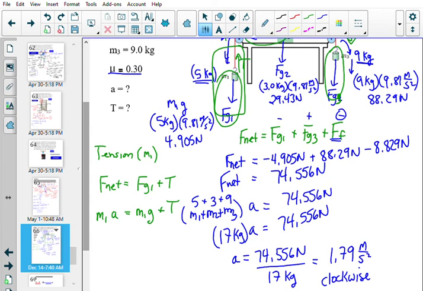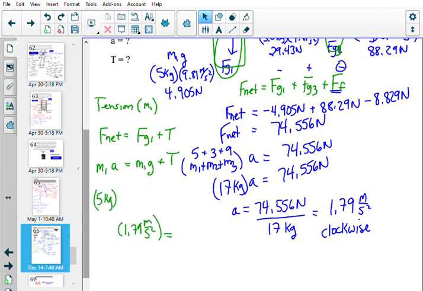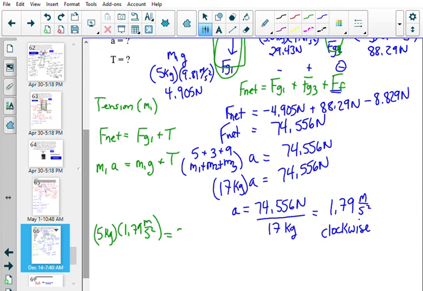Okay, so we've got to take m1, which is 5 kilograms, and the acceleration was 1.79 meters per second squared, equals a mass 1, which was 5 kilograms, times 9.81 meters per second squared, and then tension.